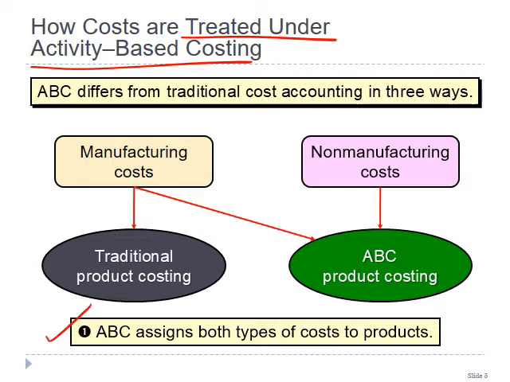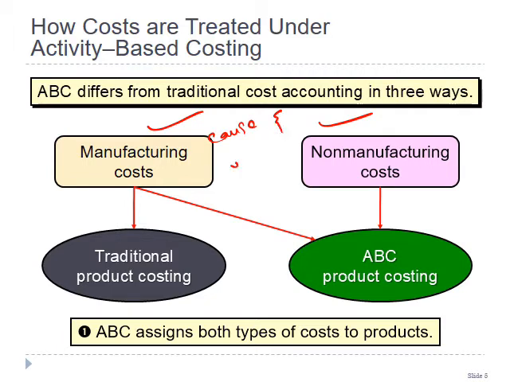Number one, non-manufacturing as well as manufacturing costs may be assigned to a product, but only on the basis of cause and effect, right?